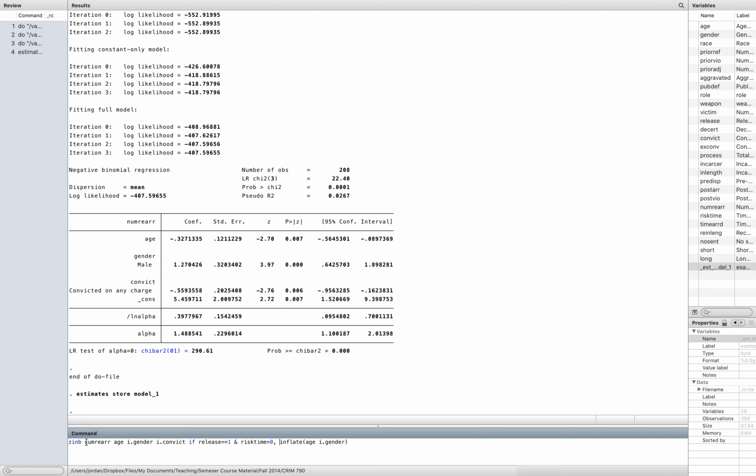So zero-inflated negative binomial regression: outcome, predictors. Again, looking at our little subgroup here. And then for the logit part of the model, I'm just including age and gender in the model. Okay?